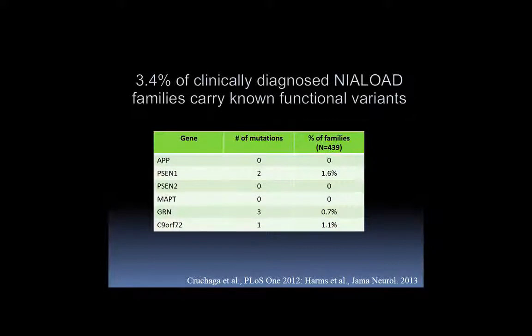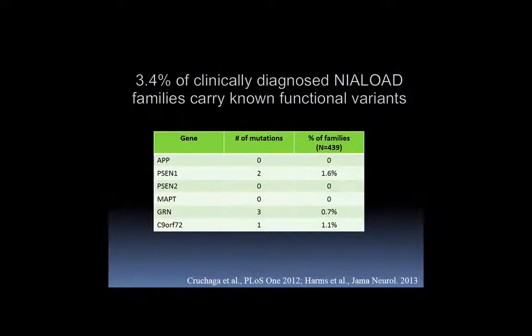So we knew they were pathogenic in those other families. And here, sometimes they segregated with disease, sometimes they didn't. But 1.6% of these late onset families carried a known mutation in Presenilin 1.